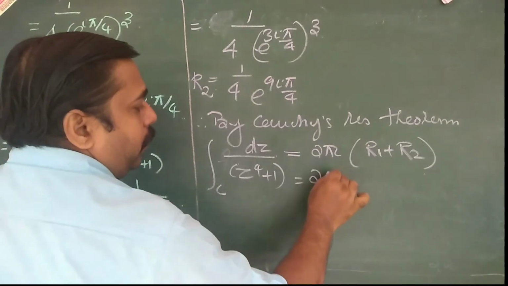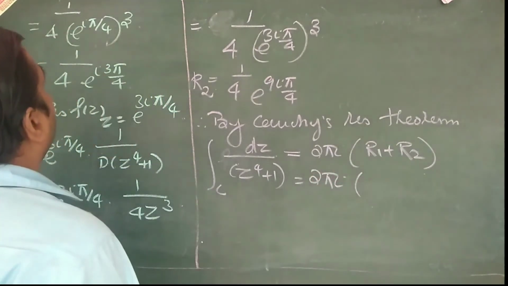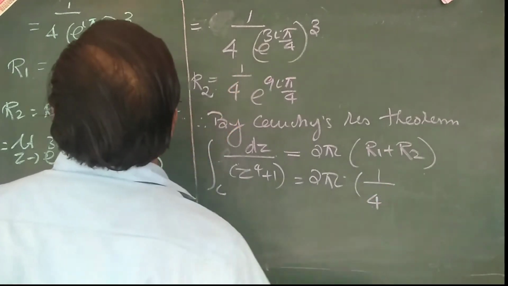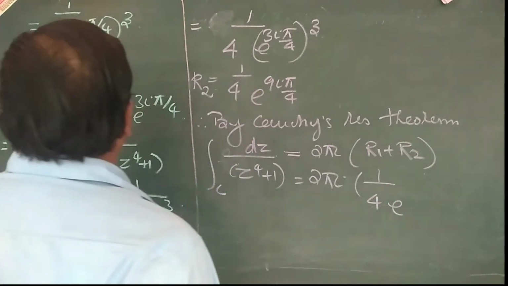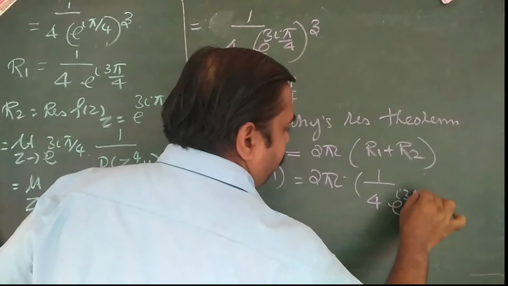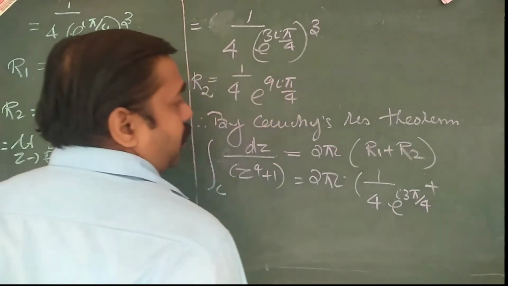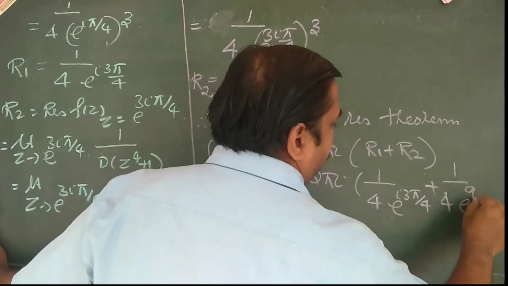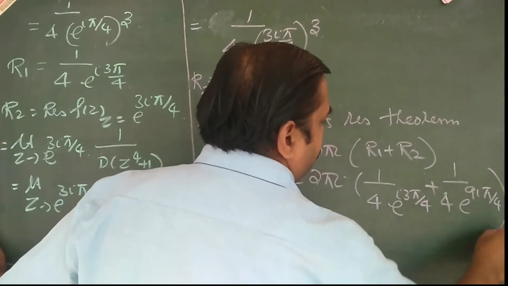So that is 2 pi i into 1 by 4 into e power i 3 pi by 4 plus 1 by 4 into e power 9i pi by 4.